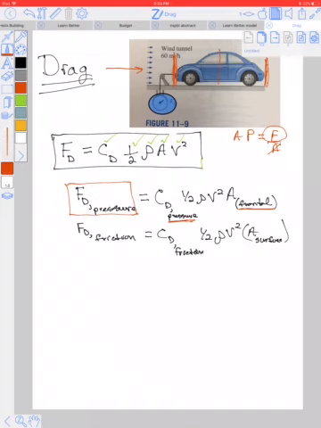If I could take the vehicle, cut it in half, flip it over, what might this look like? It would probably look a lot like a rectangle with a couple of tires. That's called the frontal area. And that is the equation for the drag force due to pressure. It's one of two different kinds.